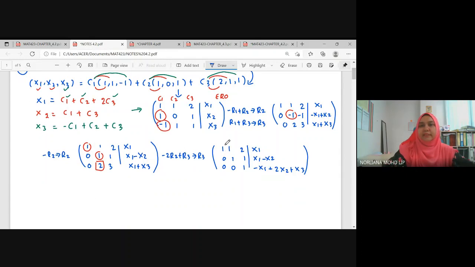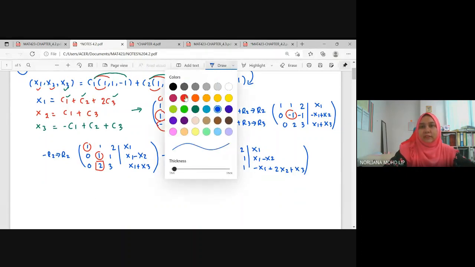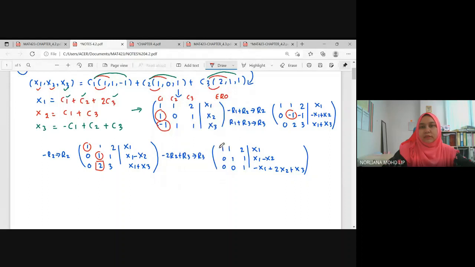Okay, dah dapat ni kan. Okay, so this is in the form of REM, row echelon matrix form. Okay, so we have reduced into REM form.